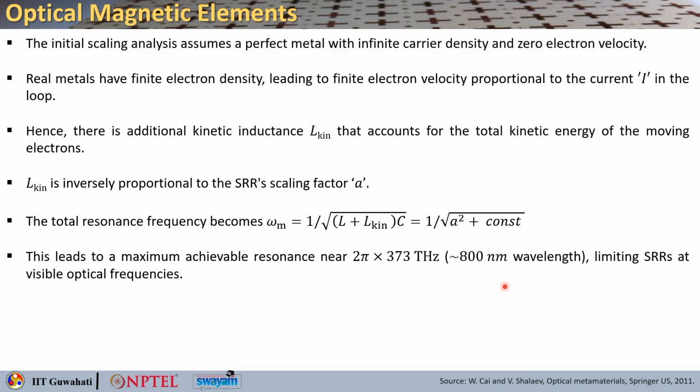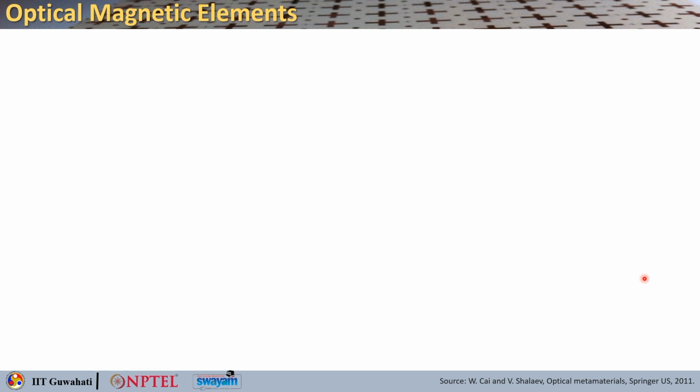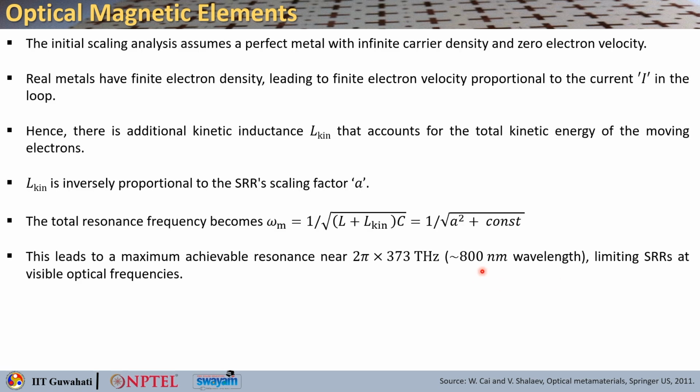Now, this will show that the maximum achievable resonance will be near 2 pi into 373 terahertz, that is typically around 800 nanometer wavelength, and that is where you can go maximum with this kind of single SRR approach. That limits the SRRs at visible optical frequencies, because optical frequency is below 800 nanometer, typically between 400 to 800 nanometer, and this is where this kind of design cannot take you.